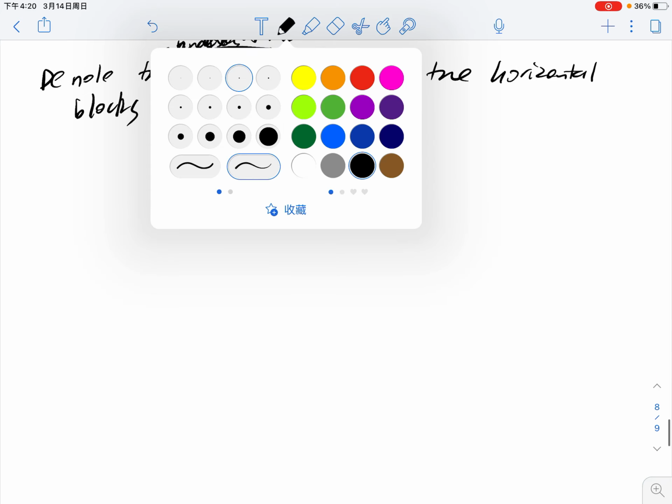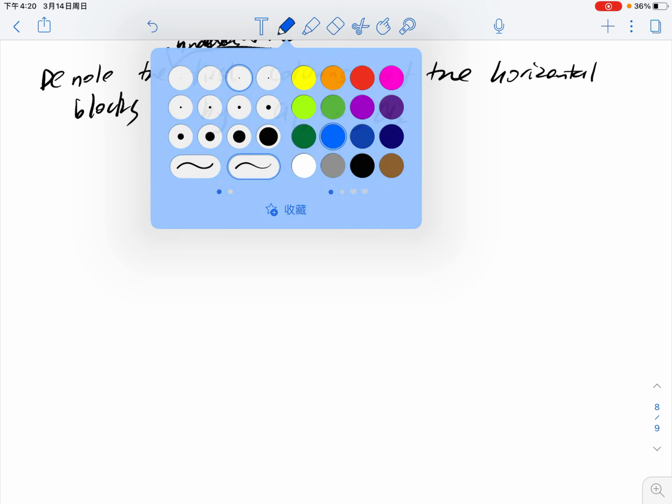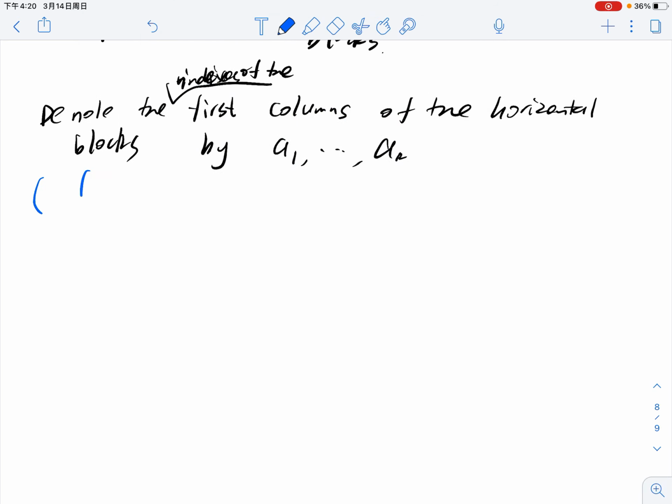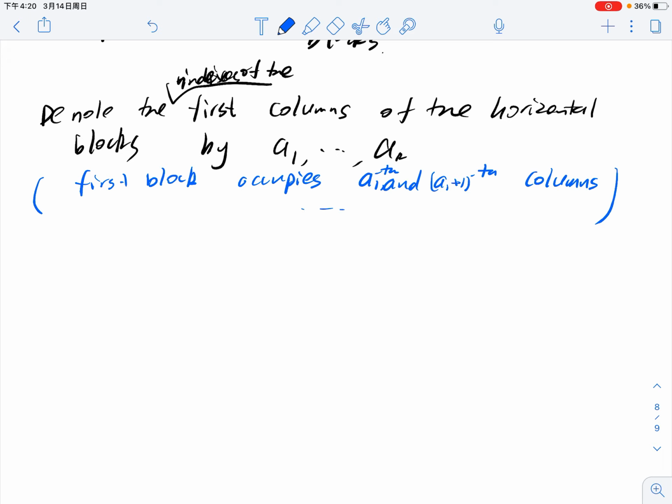In other words, if you need a slight explanation, that means the first block occupies the A1 and A1 plus 1 columns, and so on.